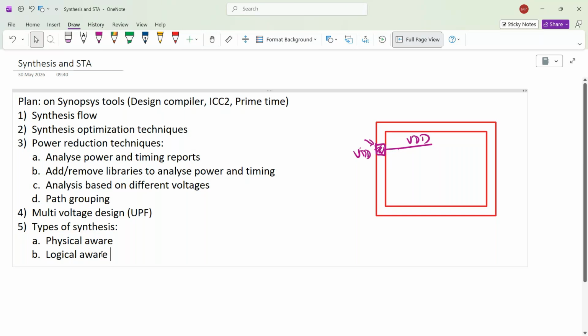And what is physical aware synthesis? That is when we are already done with a certain iteration, or the first iteration is already done, and PNR people have created a floor plan. So we will take that floor plan DEF.